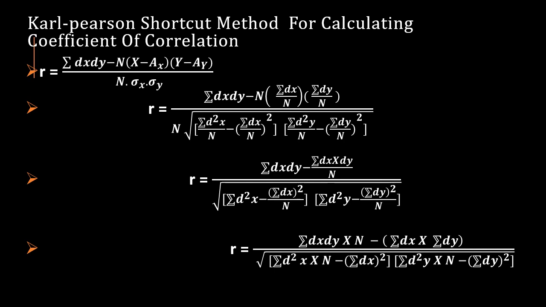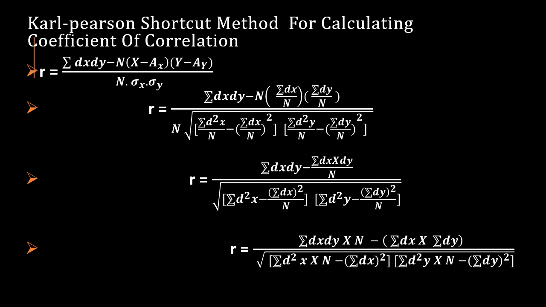Now the formula starts with sigma dx dy minus number of observations into x minus assumed mean of x, that is dx, and then y minus assumed mean of y, that is dy, divided by number of observations into standard deviation of x into standard deviation of y.